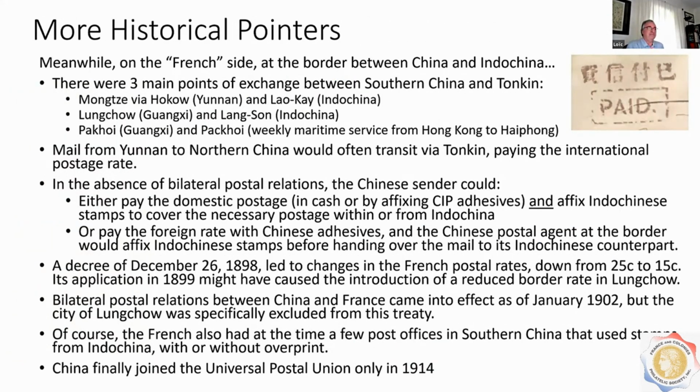Meanwhile, on the French side, at the border between China and Indochina, there were 3 main points of exchange for the mail between southern China and Tonkin. The area of Mengzi in Yunnan, where the mail transited via Hekou, and then the border town on the other side was Laokay in Indochina.